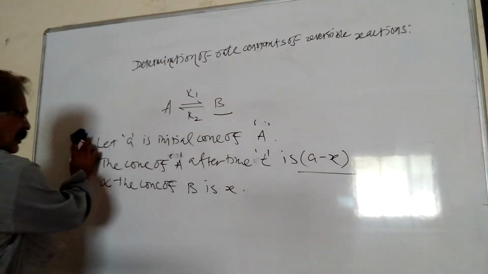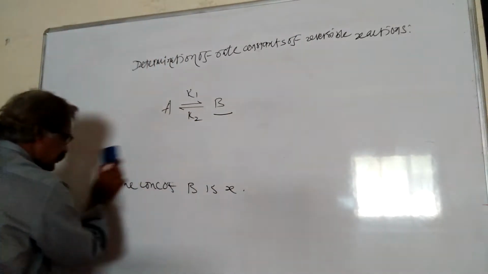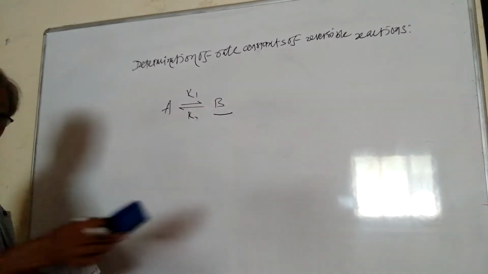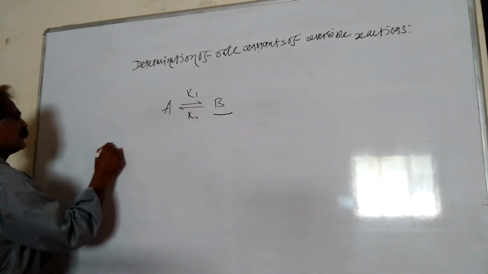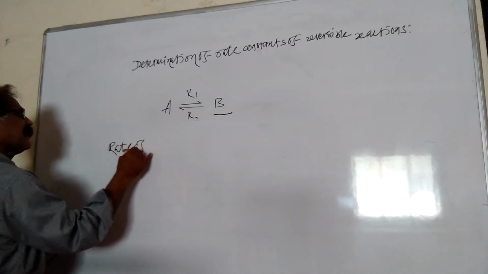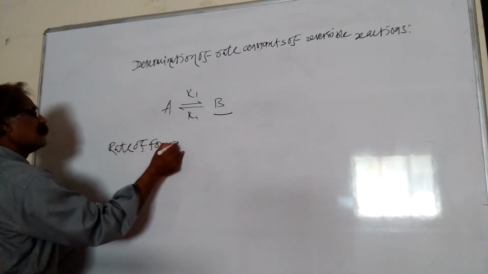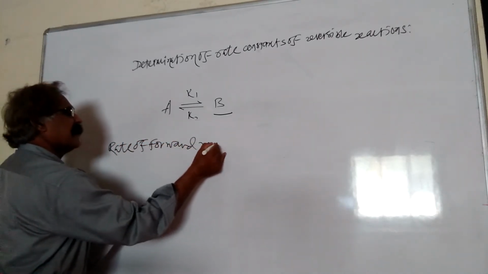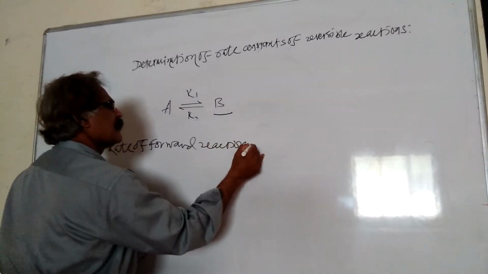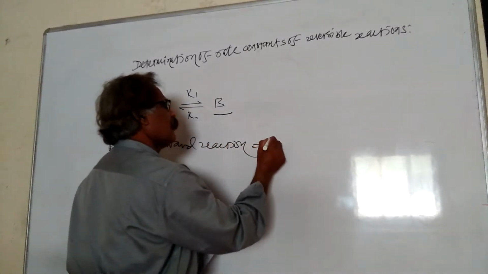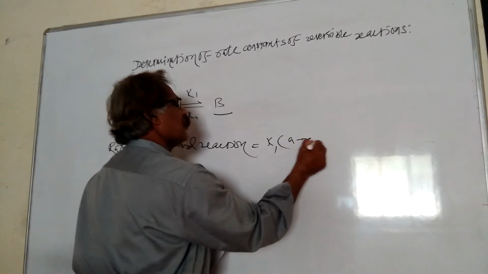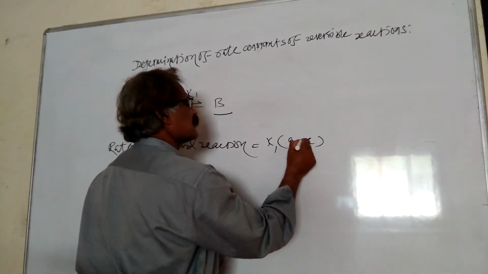So in this case, the rate of forward reaction is equal to K1 into (a minus x).